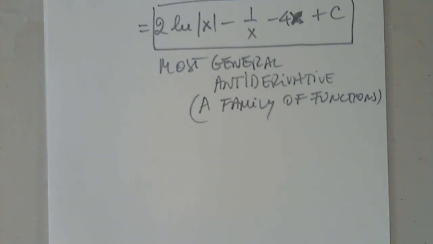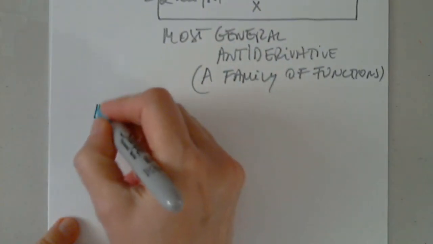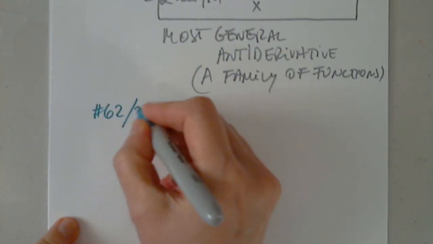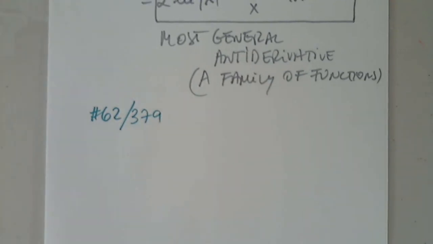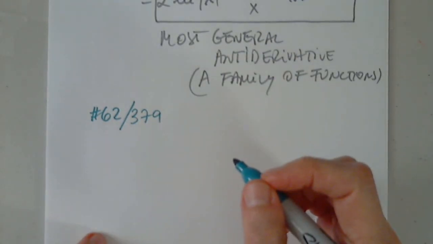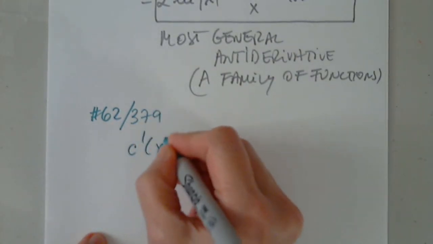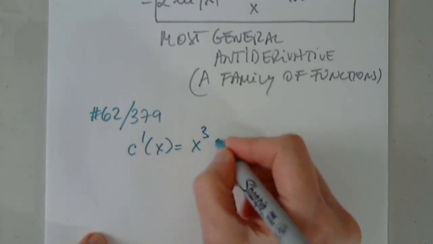Okay, I would like to look at total cost from marginal cost. So this is 62 on page 379. Do you have anything for me? Any question? Okay. We are given C prime of x equals x to the third minus x.